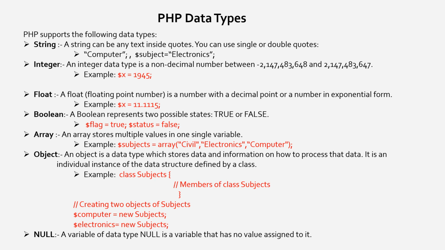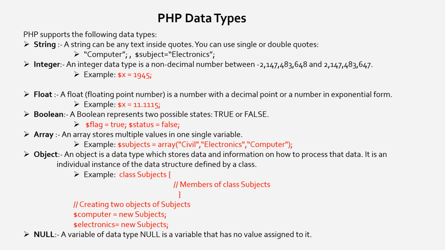Next thing is integer. It is a non-decimal number. For example, $x equals 1945. Here again $x is an integer variable, because some integer value is assigned to it.